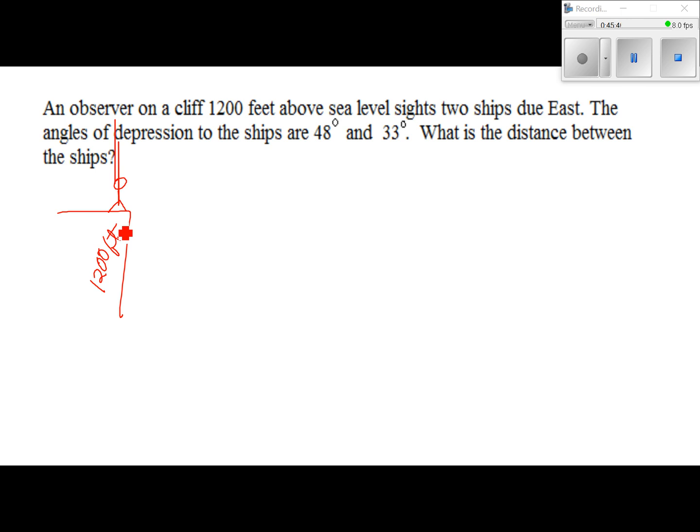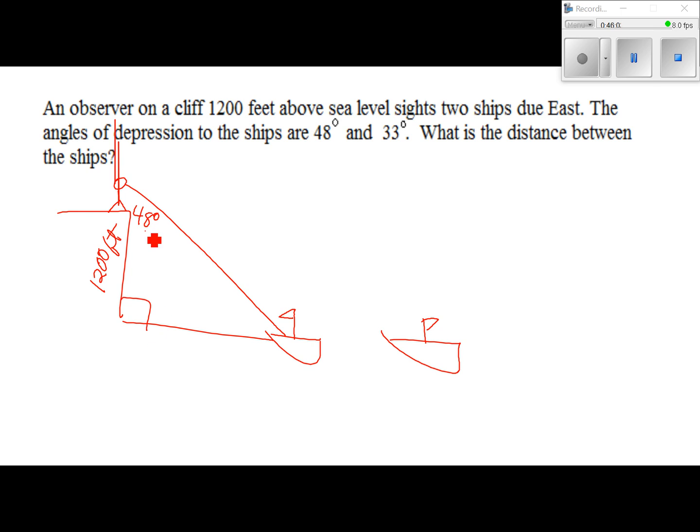So we got 2 ships out here in the water. That's my first ship. That's my second ship. Angle of depression to this ship, 48 degrees. So we have a right triangle there with one of the angles being 48 degrees.